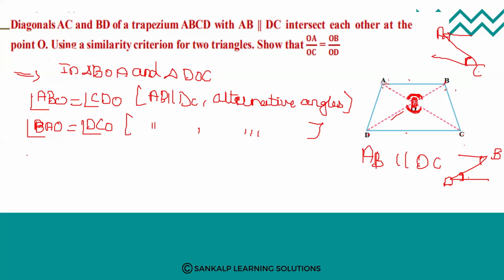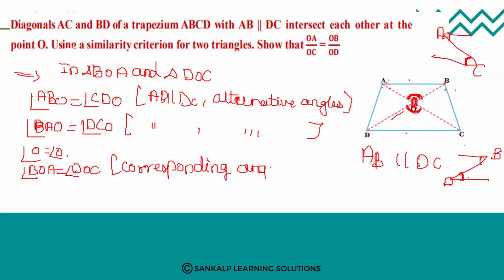So angle BOA is equal to angle DOC, corresponding angles. ಅವು ಕೂಡ equal ಆಗಿರುತ್ತೆ. Now, B and D are equal, A and C are equal, and O are equal. That means here three angles are going to be equal.